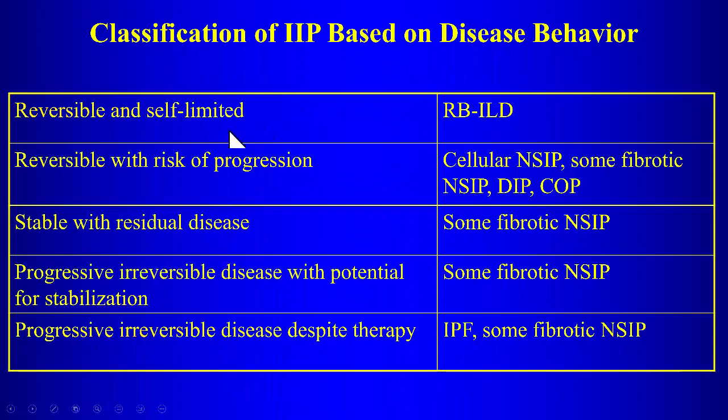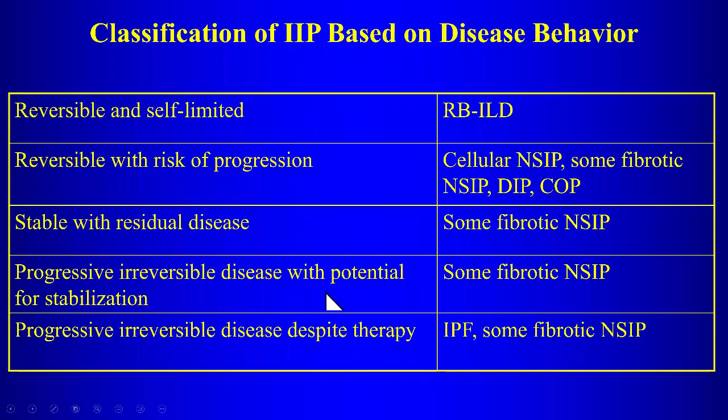Now, reversible and self-limited, we can see that with respiratory bronchiolitis, interstitial lung disease. Reversible with risk of progression, we can see that with cellular NSIP and some fibrotic forms of NSIP, DIP, and COP. Stable with residual disease, we can see that with NSIP.